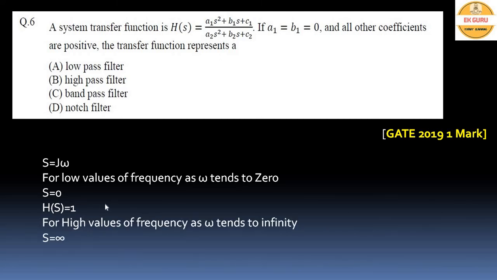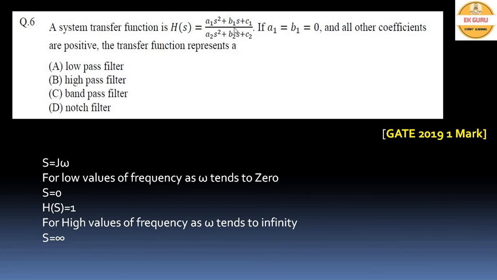Similarly, for higher values of frequency, omega tends to infinity, which means S is equal to infinity. Then we substitute in H of S. Both A1 S square and B1 S are equal to 0, because in the question they have given A1 and B1 equal to 0. So then H of S is C1 by (A2 infinite square plus B2 infinite plus C2).